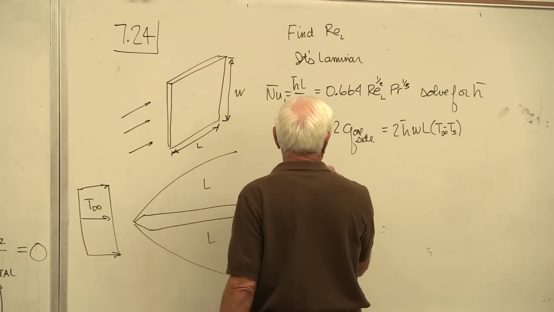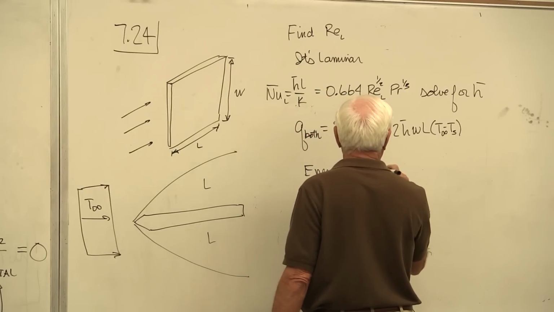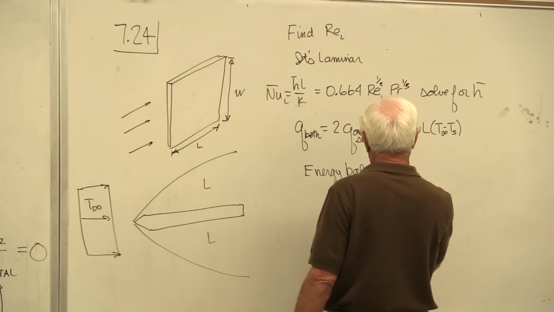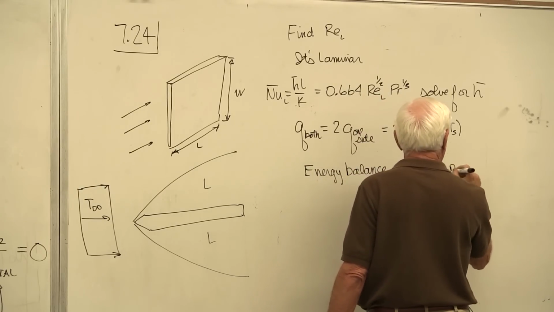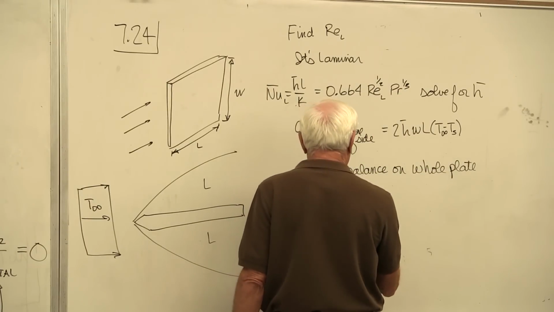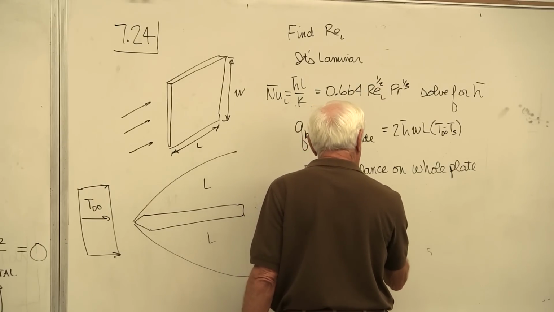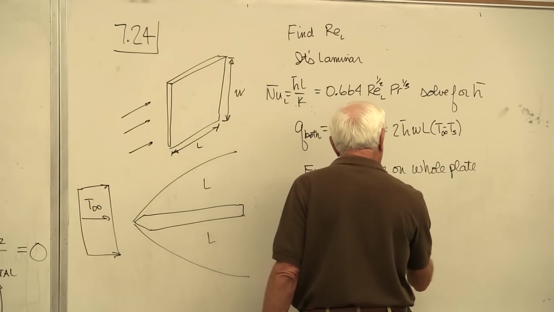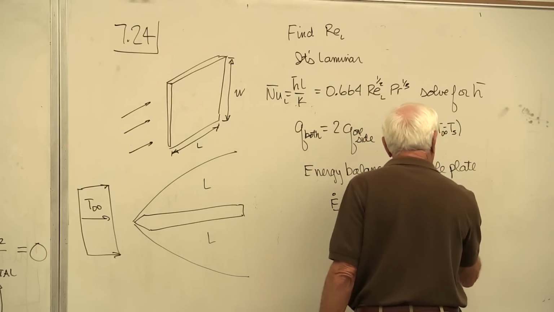So energy balance on the whole plate. All right, E dot in minus E dot out plus E dot gen equals E dot storage.